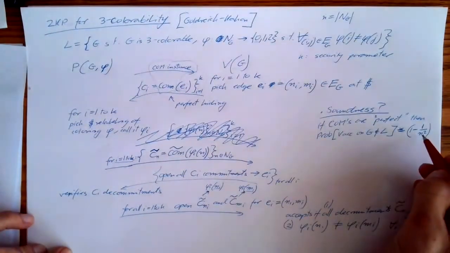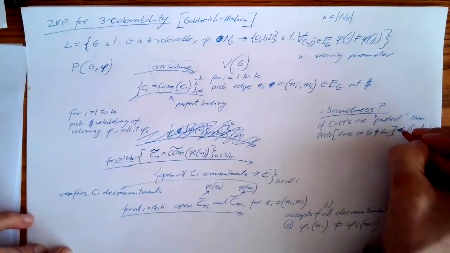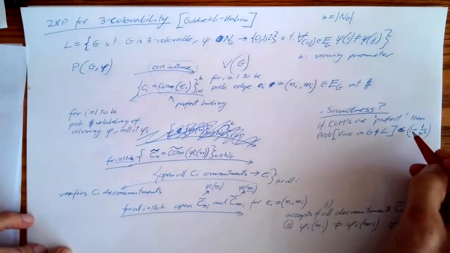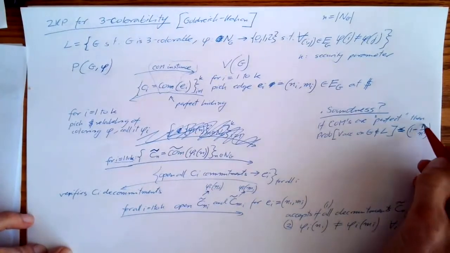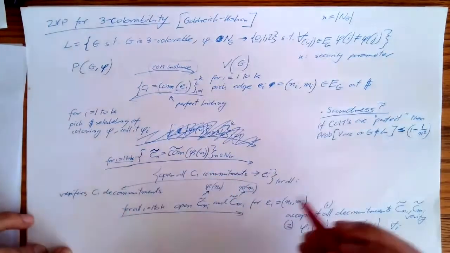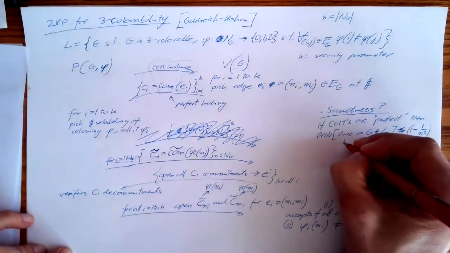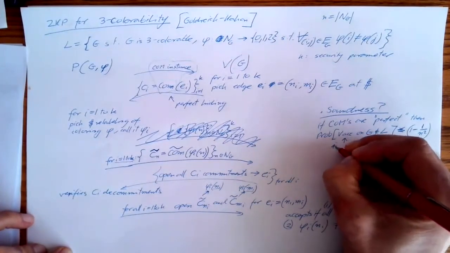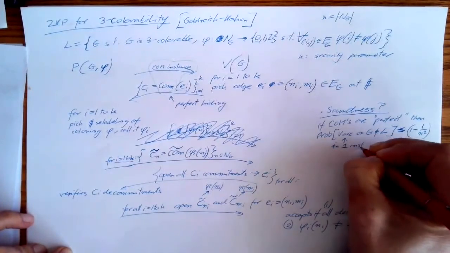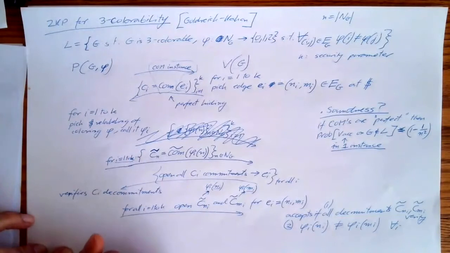Yes, because this is the upper bound on the number of edges, and there is at least one edge wrong. You can pick the good edges, but there is this chance of picking the bad one on which you will discover that the prover is cheating. So that's for a single instance of this proof system.